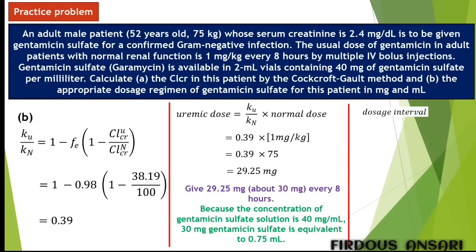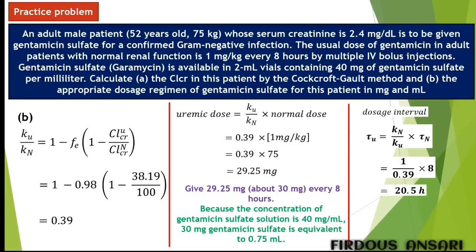Next, the dosage interval can also be altered. Tau u equals Kn upon Ku multiplied by the normal dosage interval, tau n. So we write 1 divided by 0.39 multiplied by 8, and we get 20.5 hours.